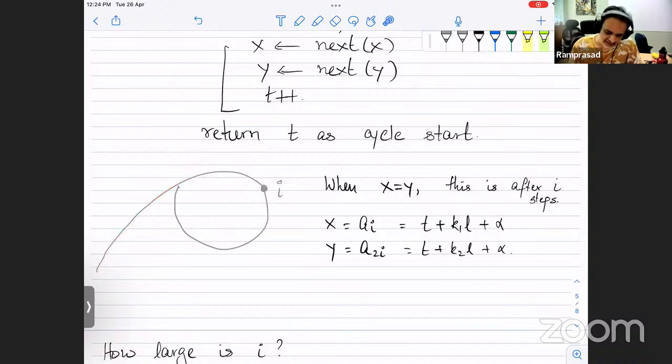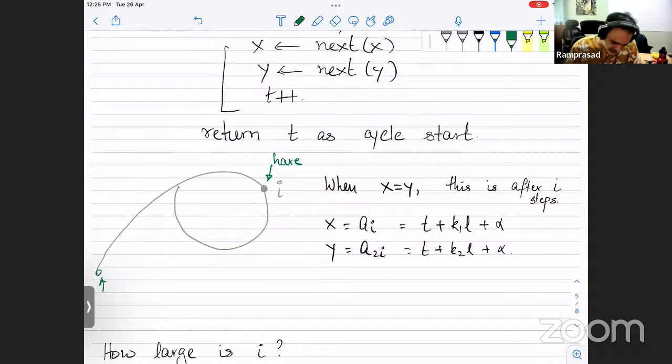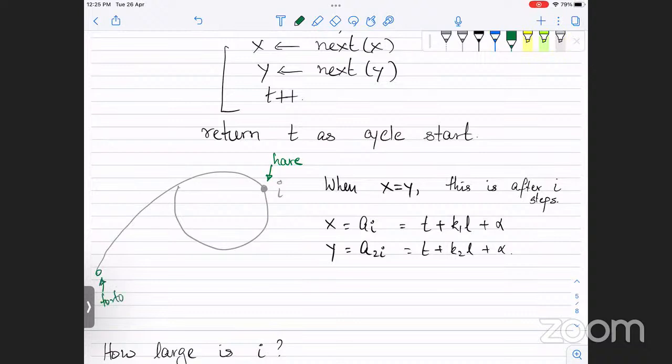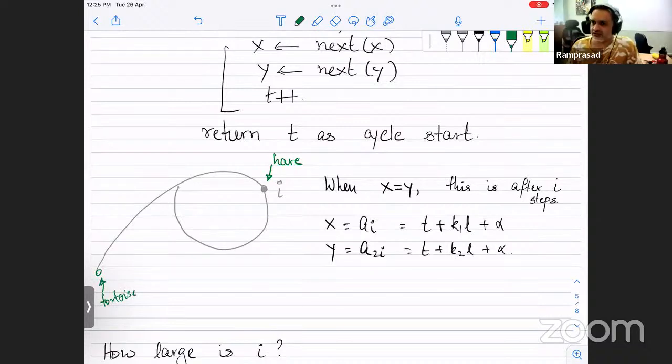Now here is a question for you. Suppose we make the hare start here, and we make the tortoise start here. And we tell the hare to slow down: only go one step at a time.